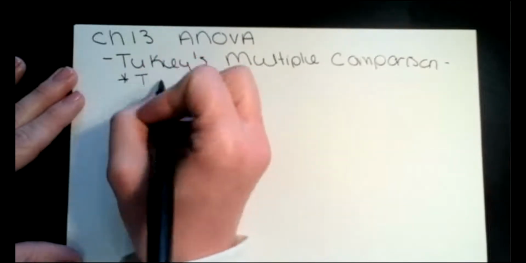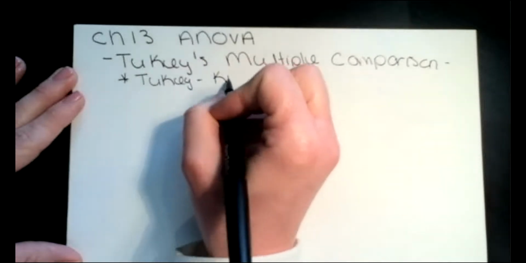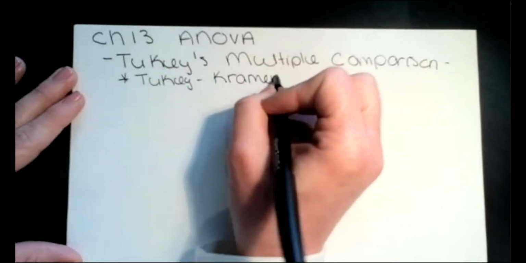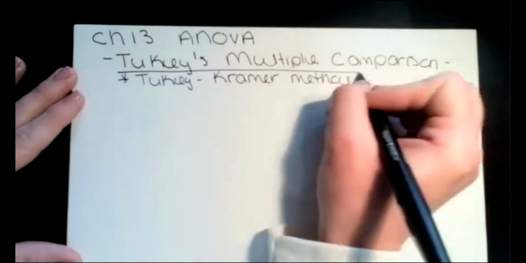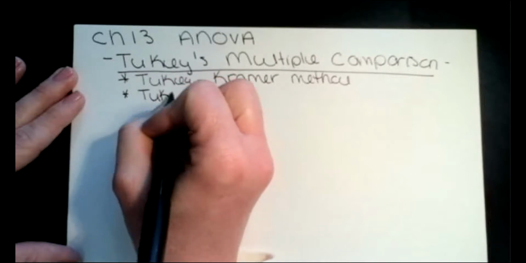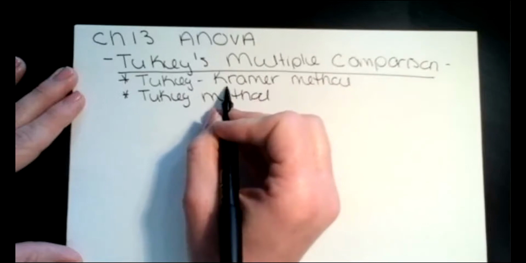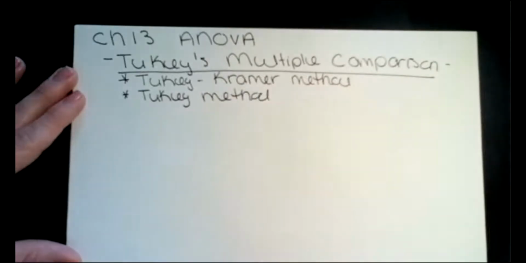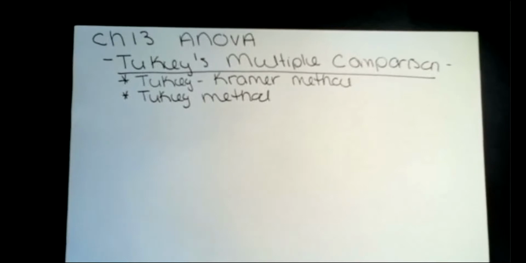Sometimes it's really called the Tukey-Kramer method. Or just Tukey method. You are going to hear me just call it Tukey method, which is pretty sad. I'm leaving off this person's name, Kramer. They deserve credit as well. But I leave it off.